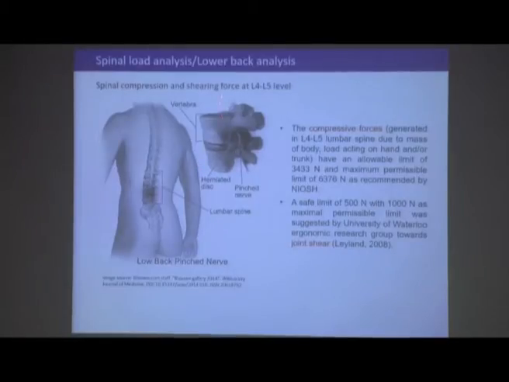Generally that analysis is done at the level of L4, L5, meaning lumbar segments 4 and 5. In between these two lumbar segments, at the intervertebral disc, we measure the disc pressure. As we mentioned, there are two types: compressive force and shearing force. The compressive force generated in the L4, L5 lumbar spine due to the mass of the body or load acting on the hand or other body parts has an allowable limit of 3433 Newton, which is the safe limit.